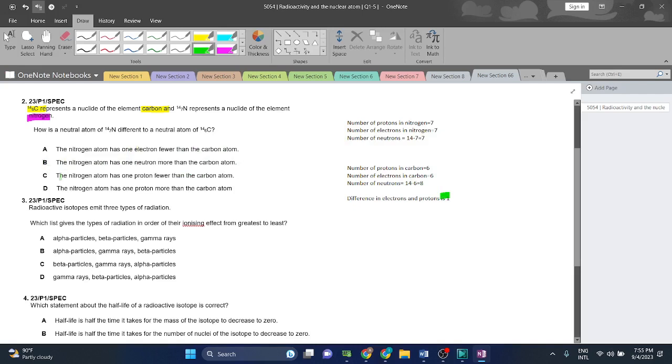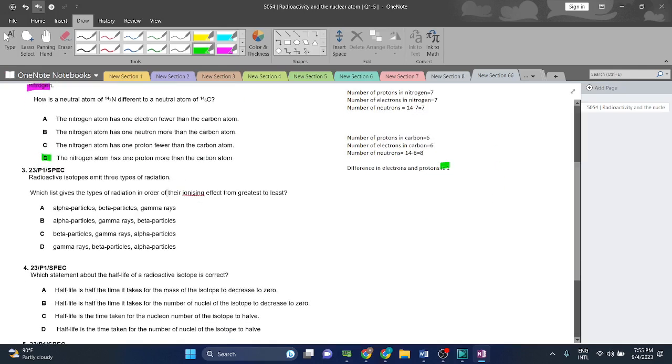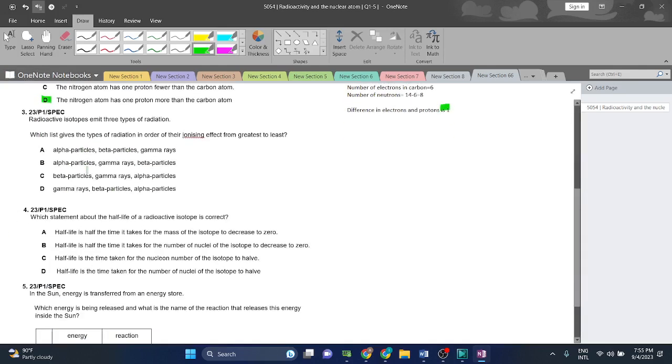No, again no. The nitrogen atom has one fewer proton than the carbon atom. The nitrogen atom has one proton more than the carbon atom. That is the correct option, because the other three values we calculated are not in sync with these options.